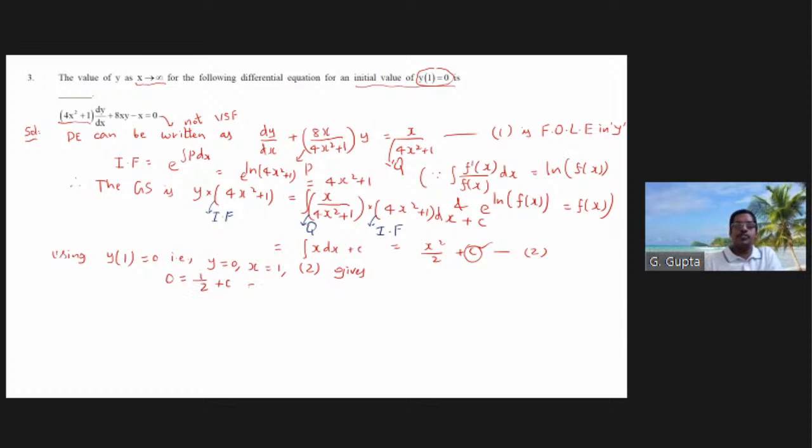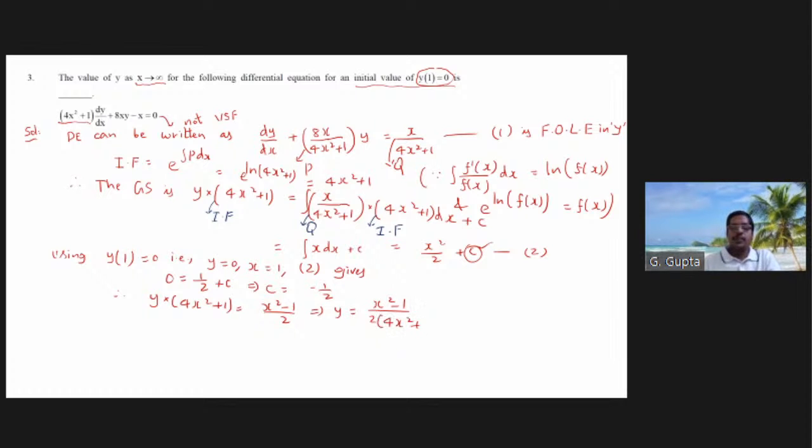From this, c value is minus 1 by 2. So y into 4x square plus 1 is equal to x square minus 1 by 2 after substituting c value and taking LCM 2. So I can write y is equal to x square minus 1 divided by 2 into 4x square plus 1.